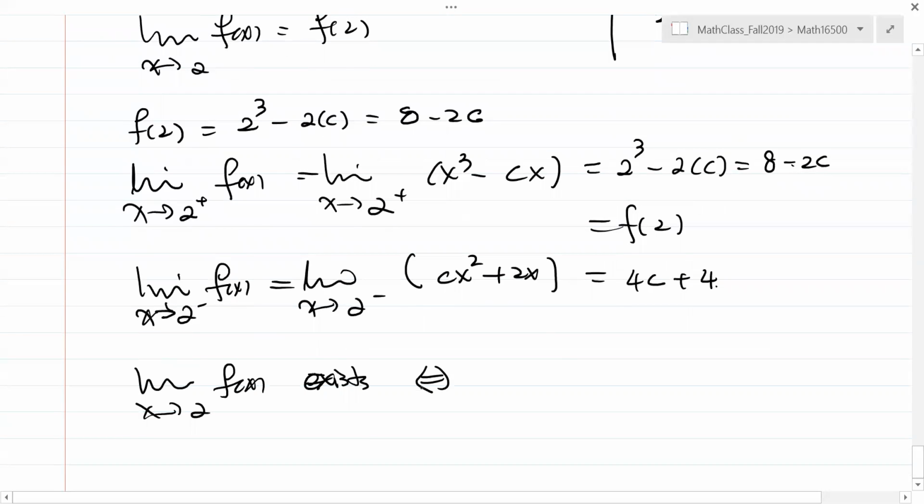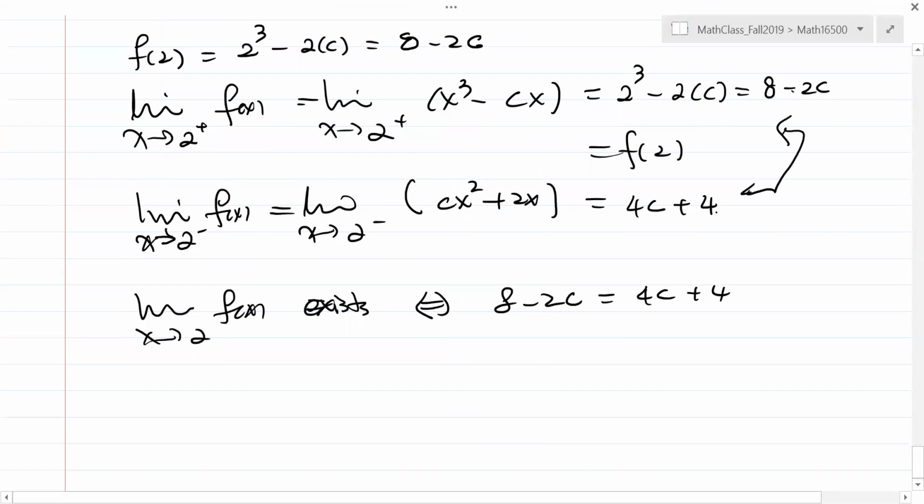The limit exists if and only if those two limits match. So that means 8 minus 2c equals 4c plus 4, okay? Those two should match. And then you get 4 equals 6c, so c is going to be 2 over 3. Yeah, c equals 2 over 3.